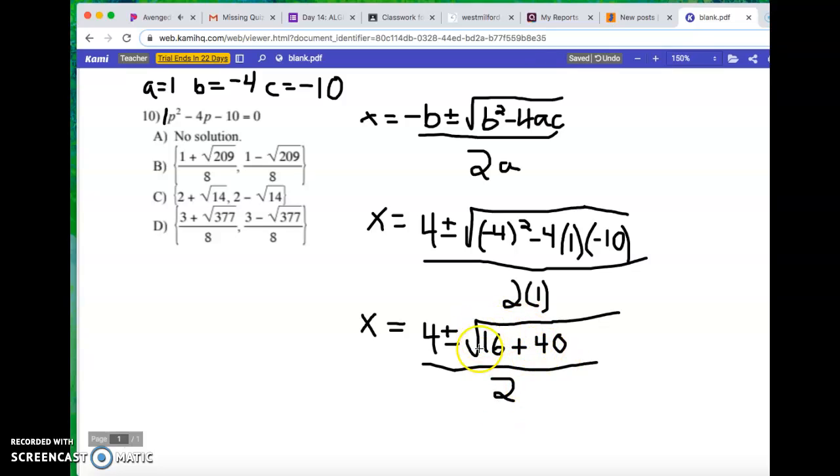Now if we keep going and simplify what's inside this radical, we're going to get your 4 plus or minus radical 56, because we got 16 plus 40. And that's all over 2.